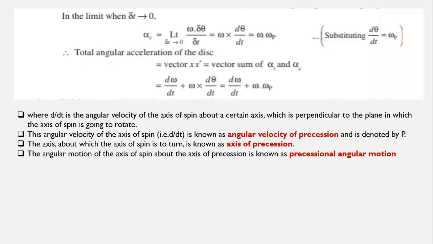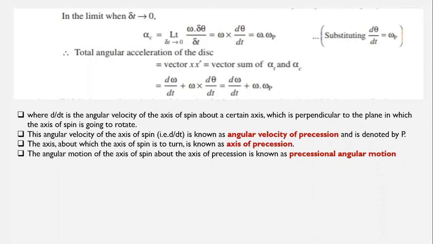We can obtain it by taking the angular acceleration of the disk. We obtained omega into omega p as the basic formula for the angular acceleration of the disk.